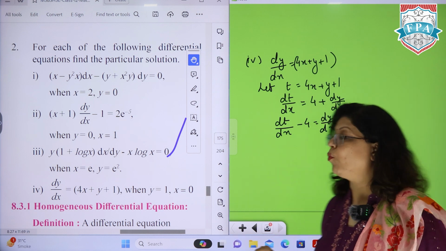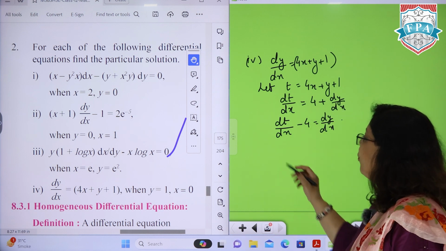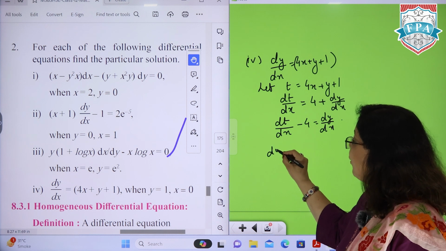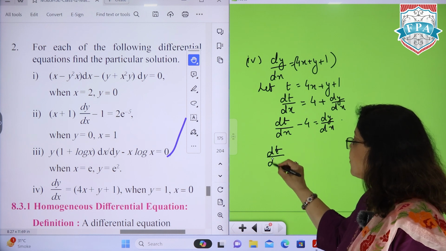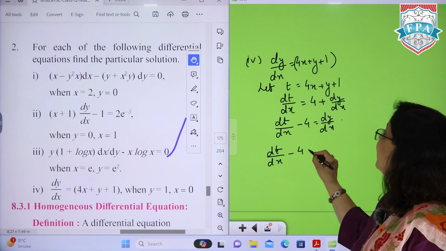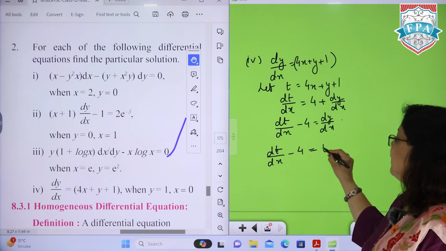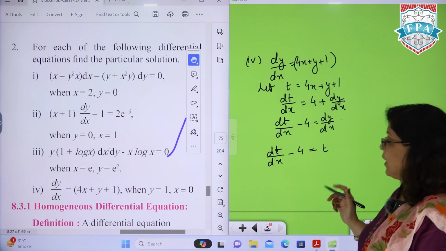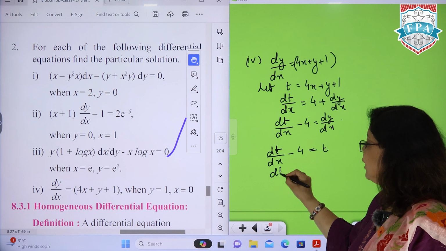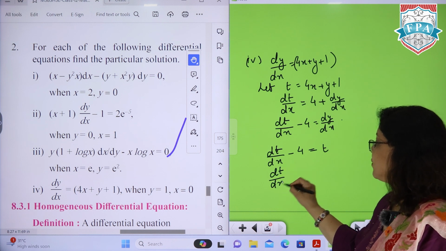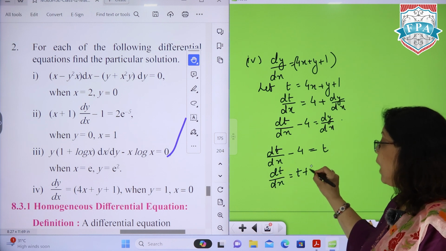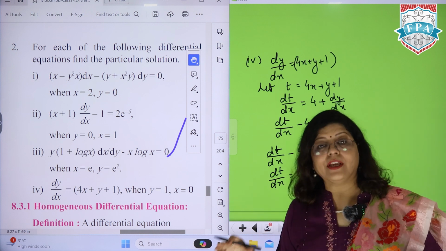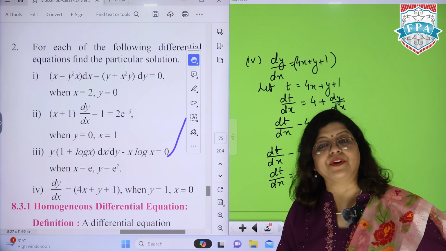Now we'll take this value into the main equation. When we switch it, what are we getting? Instead of dy by dx, we'll write dt by dx minus 4. And here we'll write t. So dt by dx becomes t plus 4. Now this is the format in which variables can be separated.